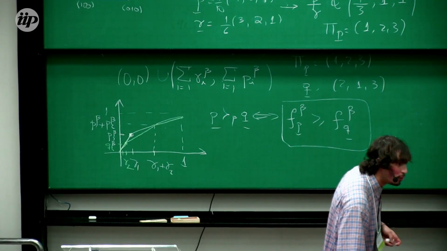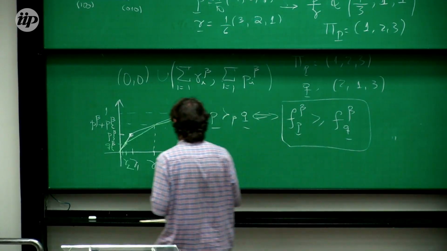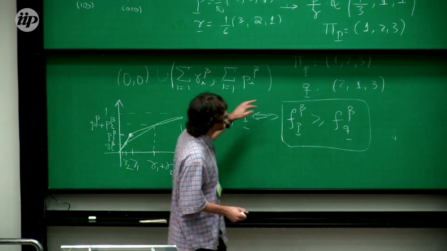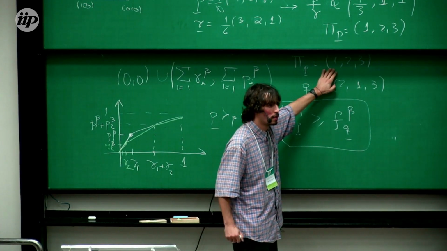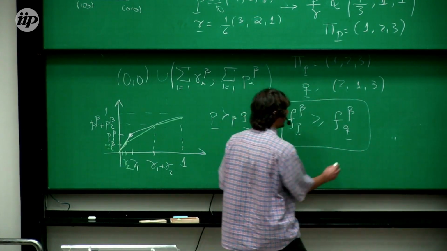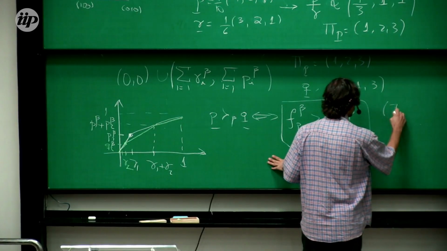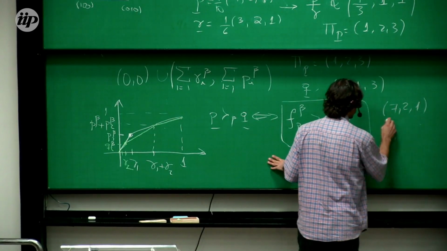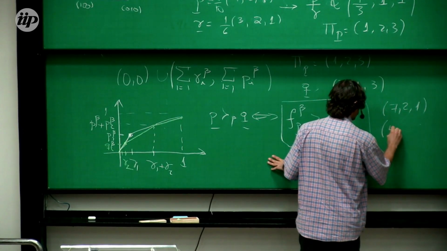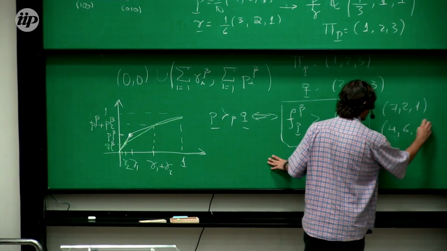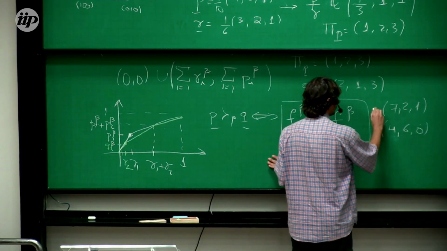Well, no, right? Because different vectors can have different orderings. So for example, if I take this vector here, 7, 2, 1, and if I take 4, 6, and 0, I'll put some normalization here.